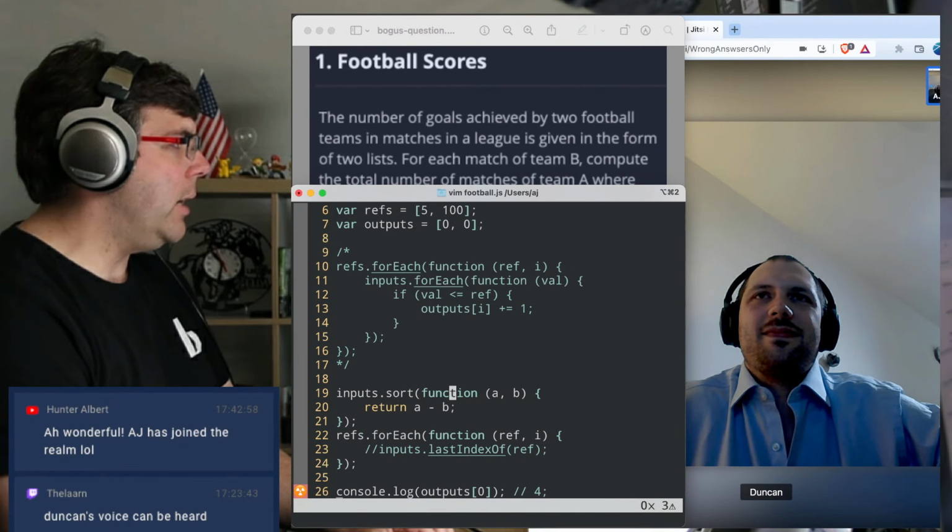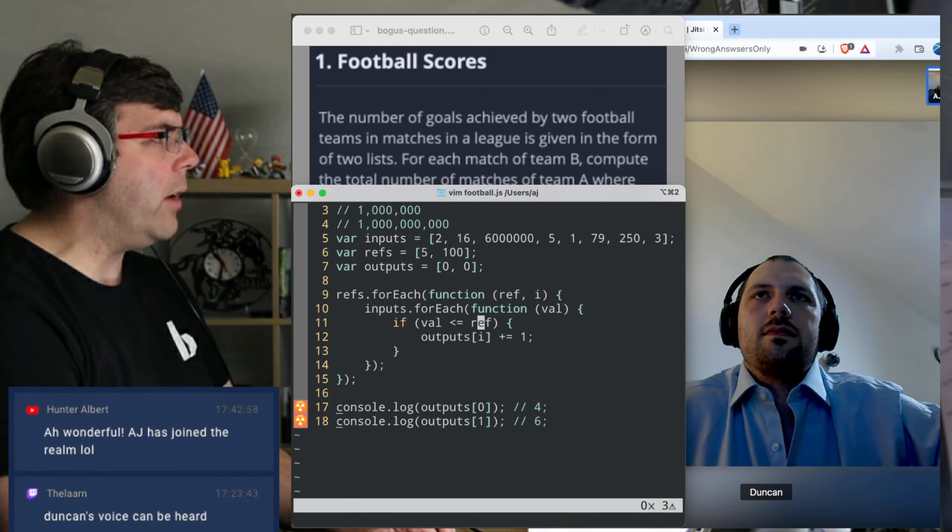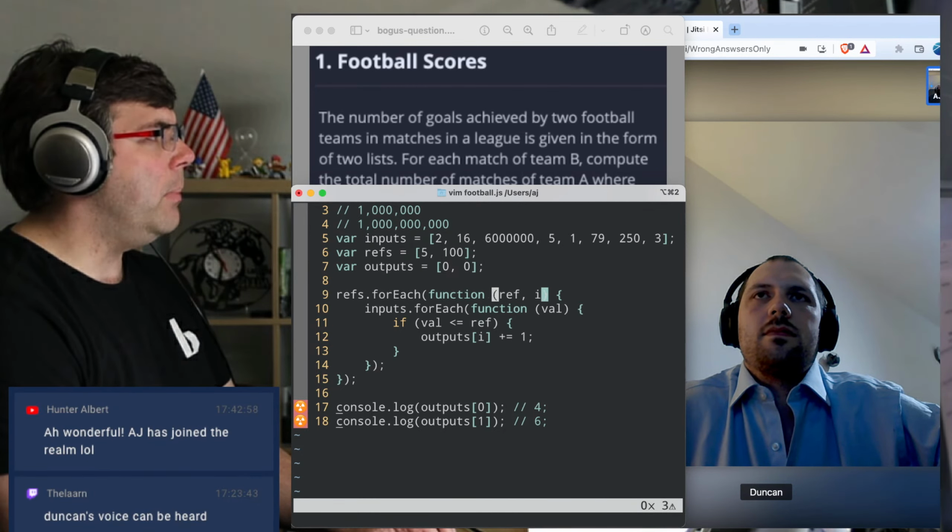For each value in the reference list, we want to go through each of the inputs from beginning to end and find out which of the inputs are less than or equal to the reference value. So we have i here, meaning our ticker for our reference value list. So this is value 0, this is value 1. And then we're going to go through all the values of the inputs list. And then what we're going to do is increment the number of numbers. We're not adding the numbers, we're incrementing the number of numbers that are less than or equal to the reference value.